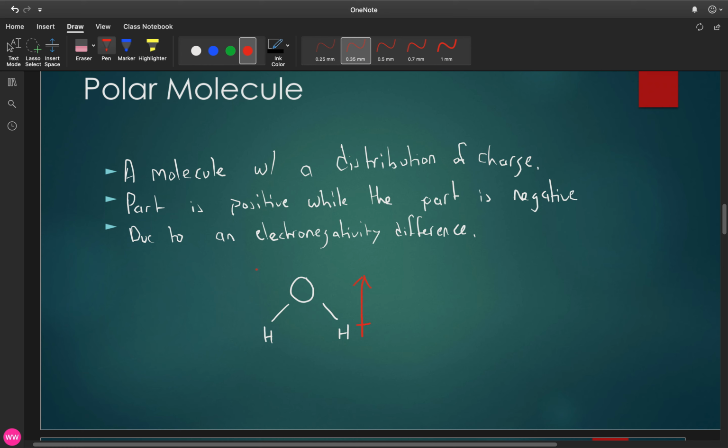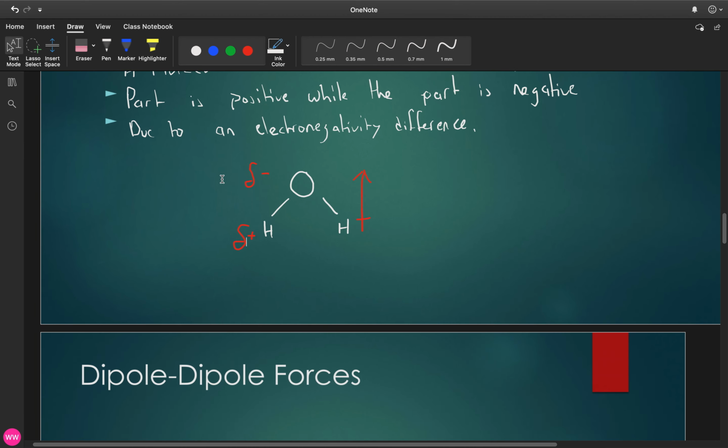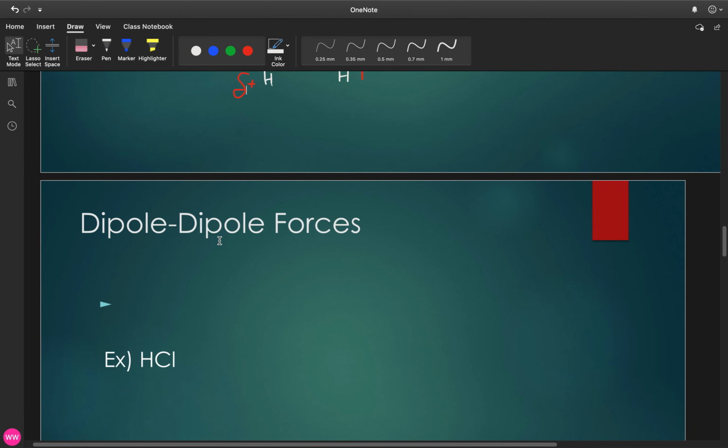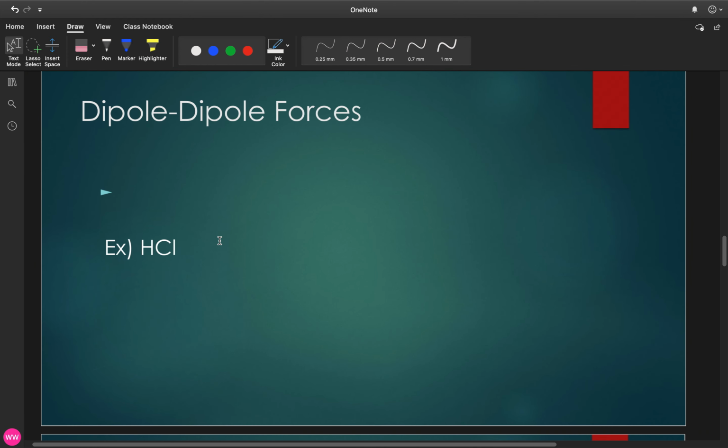Another way we can depict this is with this arrow, where the arrow points towards the more negative end, or with these lowercase delta signs, which represent the hydrogens as slightly positive and the oxygen as slightly negative. Polar molecules will absolutely exhibit intermolecular forces. So without further ado, let's look at some examples of polar molecules and intermolecular forces, these forces of attraction that exist between molecules.